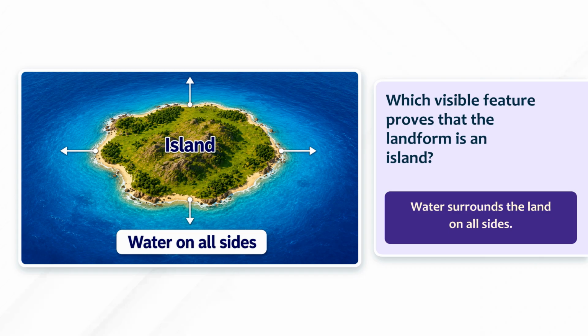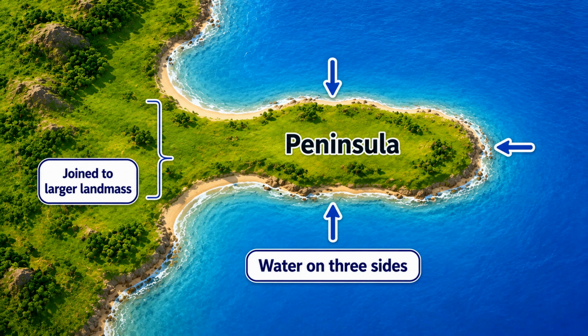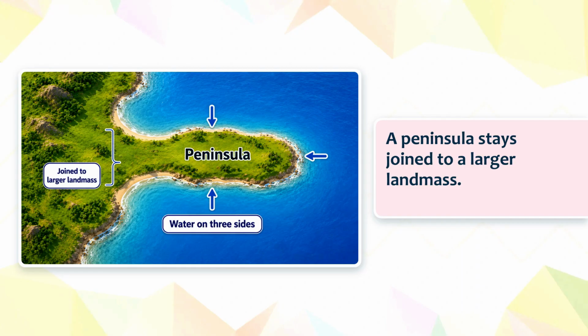Next, let us examine a landform that reaches into water but stays joined to a larger landmass. The land reaches into water and has water on three sides, yet one side stays joined to a larger landmass. That connected form is a peninsula. Now focus on the place where land continues.